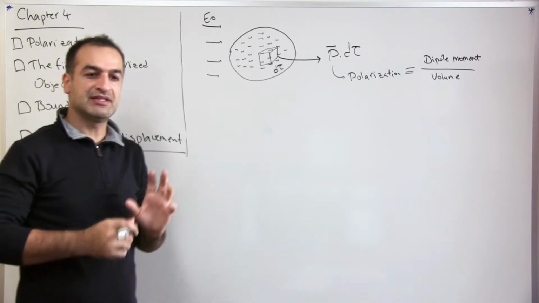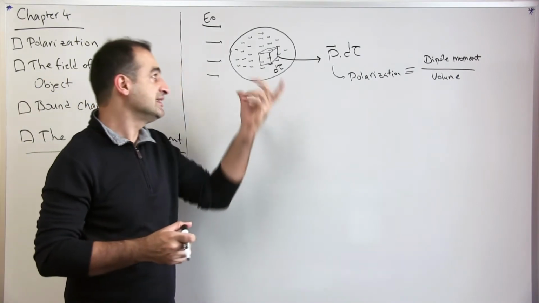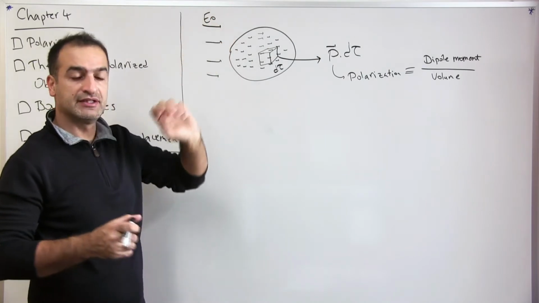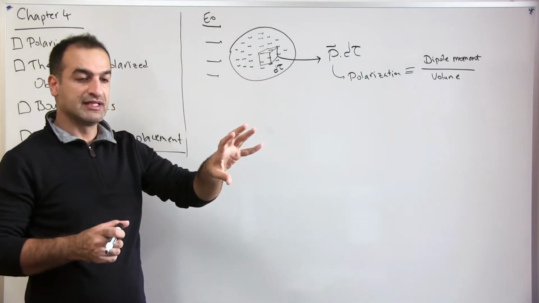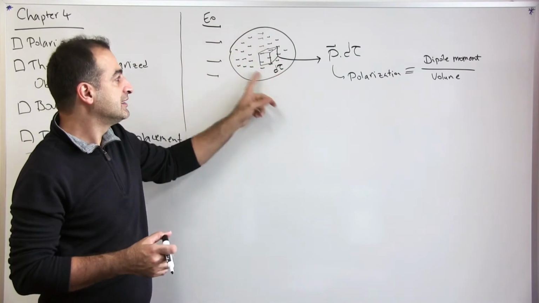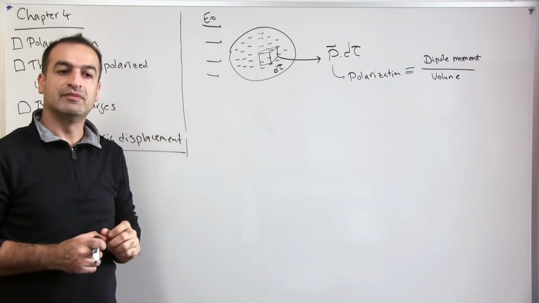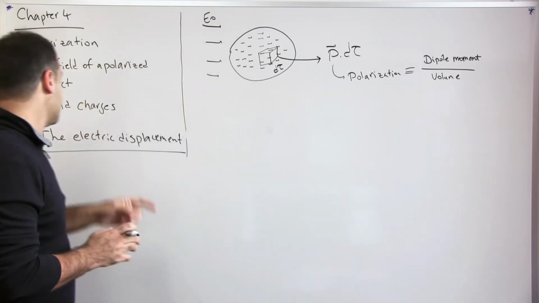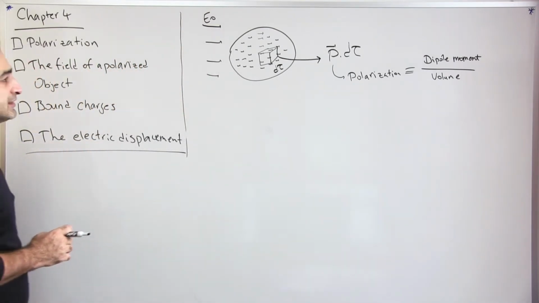It's going to be a bit complicated because inside we have, of course, E0, the electric field that was there otherwise, plus the electric field created by these little dipole moments. So you have two effects combined. We're going to look at that when we talk about the electric displacement.